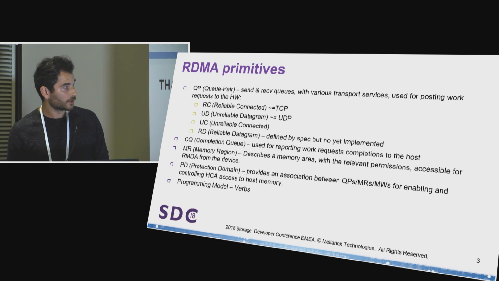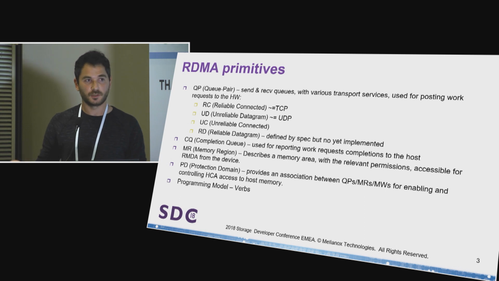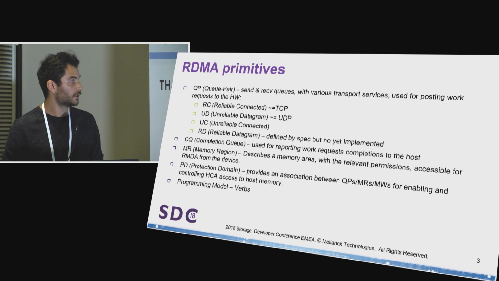We have a completion queue that is used for reporting work request completions to the host. The application can ask for interrupt-driven notifications, or it can poll the CQ to get them faster.